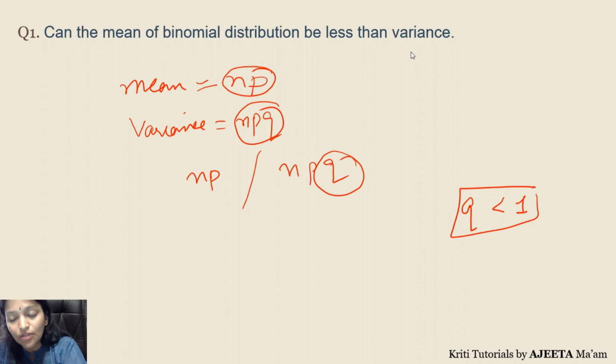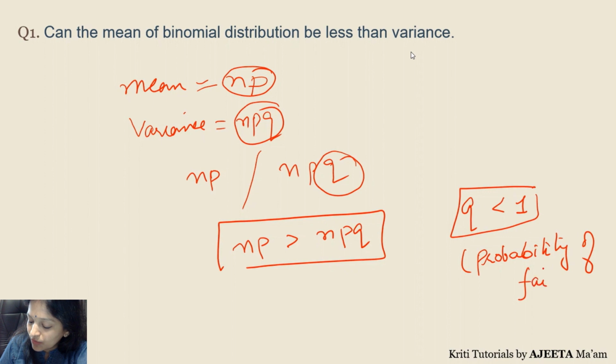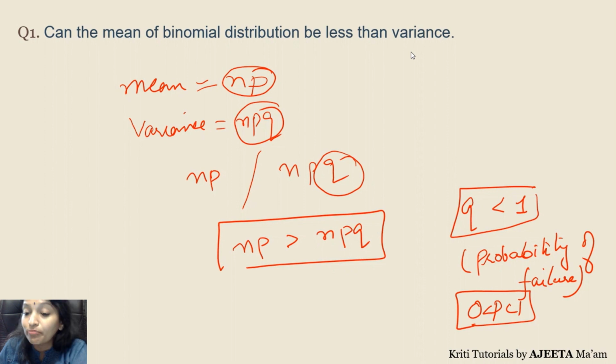So npq means you are multiplying np with a number less than 1. That is why np will always be greater than npq, and the reason is that q is the probability of failure, and probability always lies between 0 and 1. So np will always be greater than npq. That's a simple, logical question.